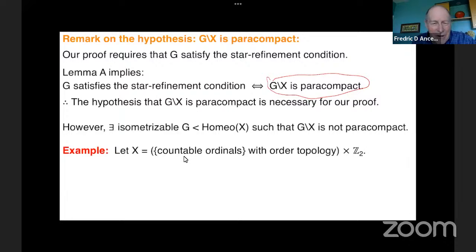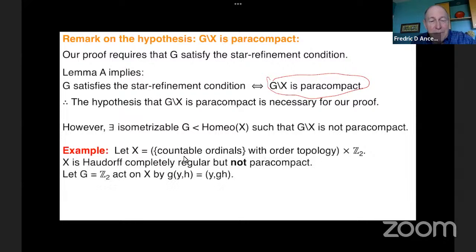Well, if you take the countable ordinals with the order topology, that is not paracompact. And say you multiply it by Z2, and then you let the group act by just flipping the Z2 coordinates. Then there is an example where the group is equiregular and isometrizable.